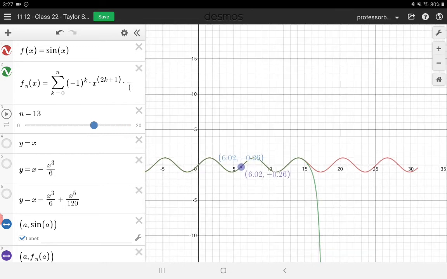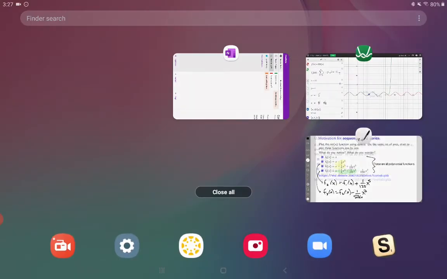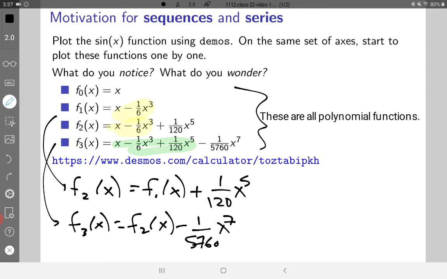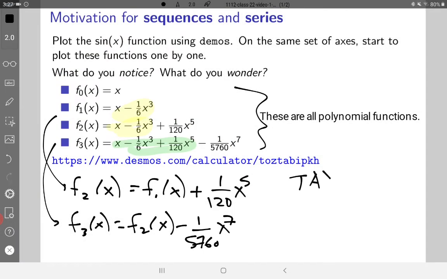If I could add infinitely many terms to this summation, to this polynomial, then I would get exactly the sine function. So it turns out these are building up the Taylor series of the sine function.